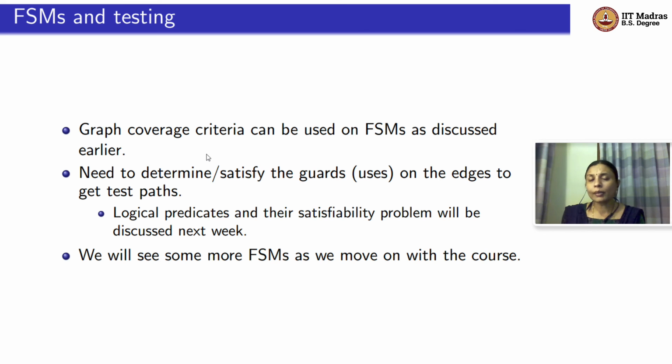So guards are basically expressions that involve some conditions, relational operators, logical operators, and stuff like that. So how are we going to deal with it? That's the next module that we will be starting with, starting from week 5. And later in the course, we will have the opportunity to see more such finite state machine like graphs.